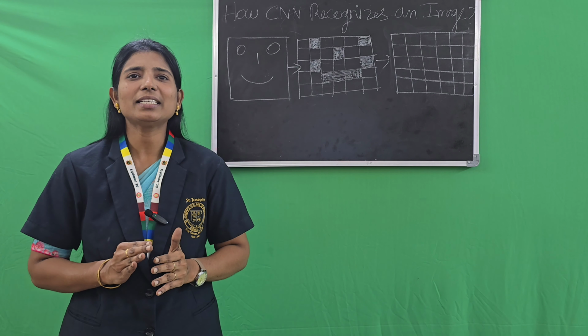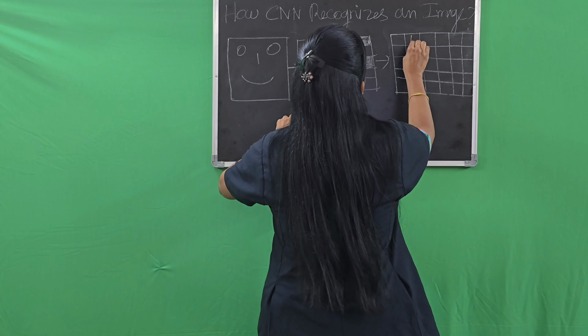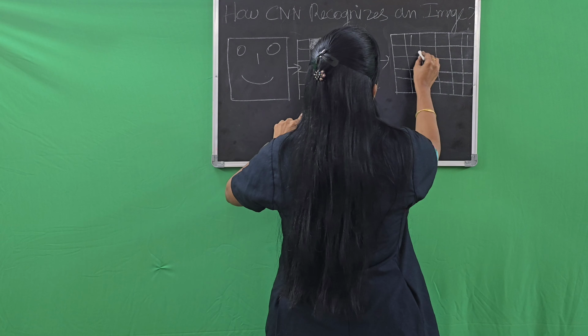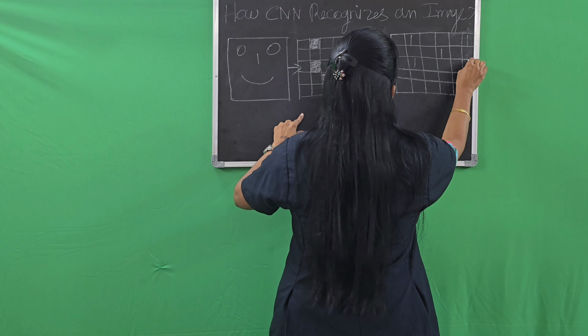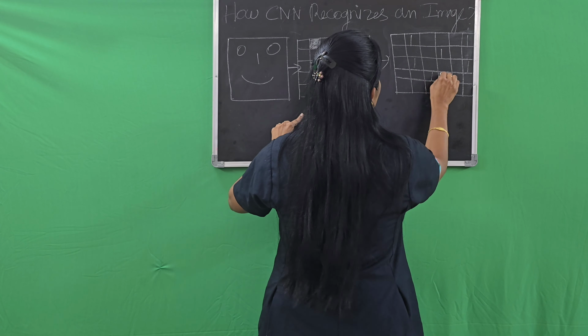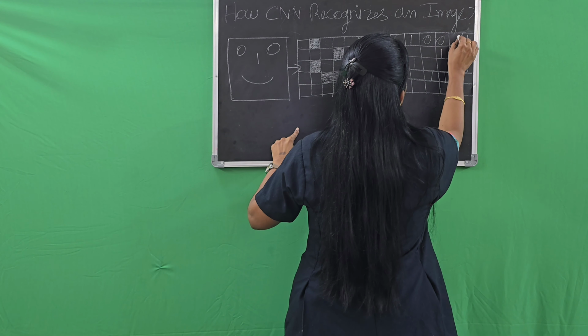After that, the image is represented in the form of a matrix of numbers. Here you can write shaded parts as 1 and unshaded parts as 0.